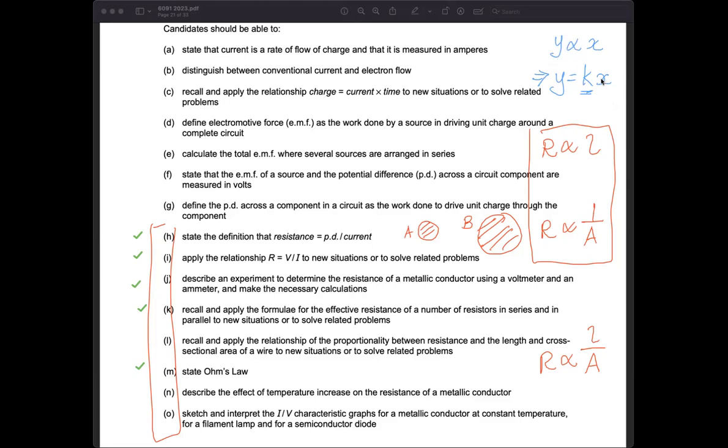When x goes up, y goes up by a factor of k. If x goes down, y will go down by the same factor of k. Is that clear? Basically, if I draw a y-x graph, it will be a straight line through 0, where the gradient is k. Are you all convinced by this?